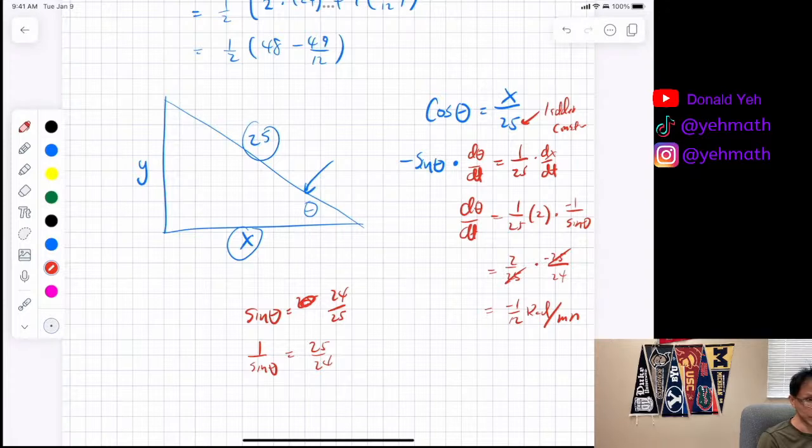Wow. Very impressive. Divided by 12, that's roughly 4 point something. So it's changing about negative 4 degrees per minute. Negative 1 over 12. So that's it. dx/dt is given in the question.